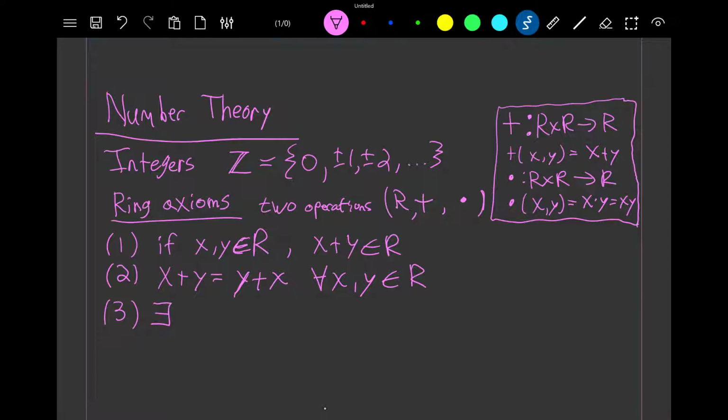So this backwards E in logic means there exists an element that we call, let's just call it 0 in R, such that 0 plus x equals x plus 0 is equal to x for every element x in the ring.